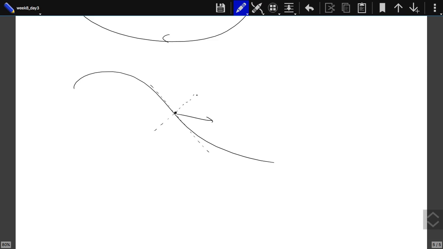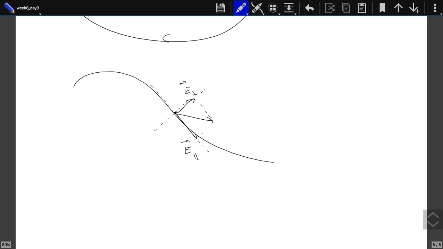And at that point, I can consider the two components of the electric field. This is what I call E perp. This is what I call E parallel. For any vector field, in fact, at any point, I can always consider the direction perpendicular to the surface and the tangent direction to the surface. The component of the vector field tangent to my surface is E parallel. The component perpendicular to my surface is the perpendicular component.